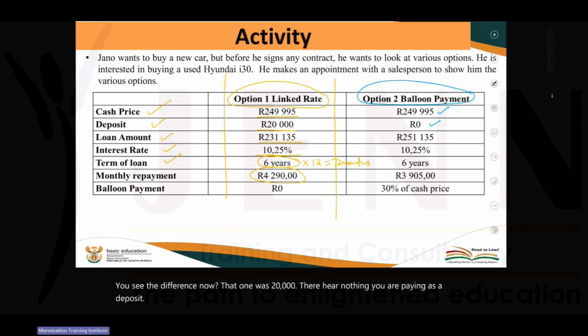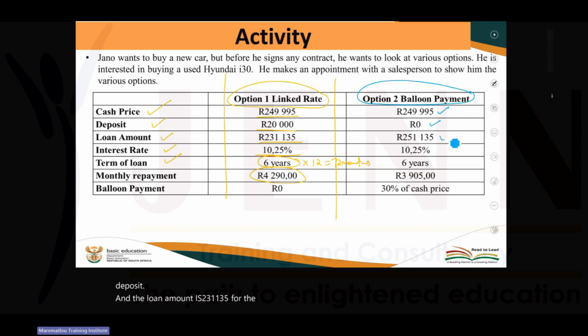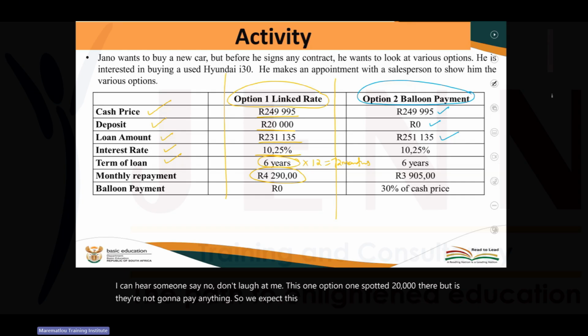And the loan amount is 231,135 for option 1, but here it is 251,000. You start to ask yourself, why? I can hear someone say, look, option 1 has a 20,000 deposit, but here they are not paying anything, so we expect this amount to be higher because there they have subtracted. Oh, I see.